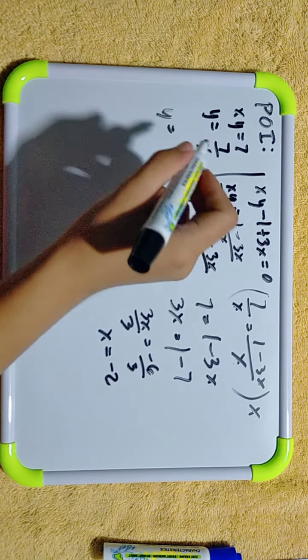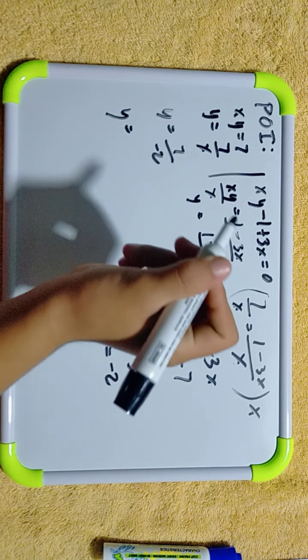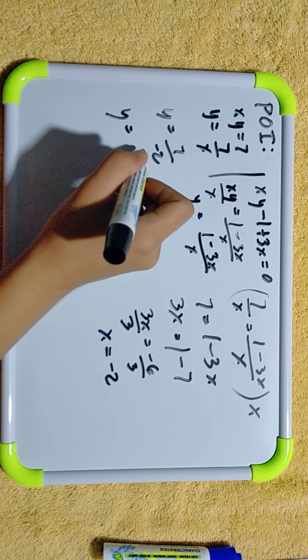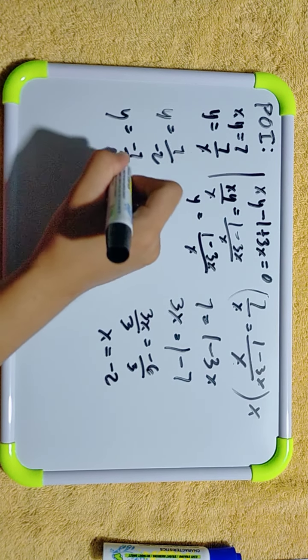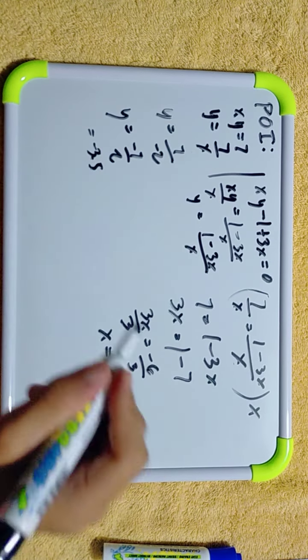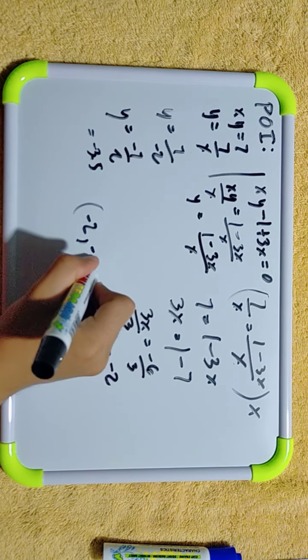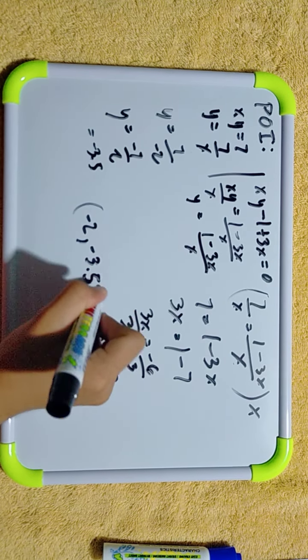So y is equal to 7 all over negative 2. So ang ating y naman is negative 7 all over 2 or negative 3.5. So yung ating point of intersection is negative 2 and negative 3.5.